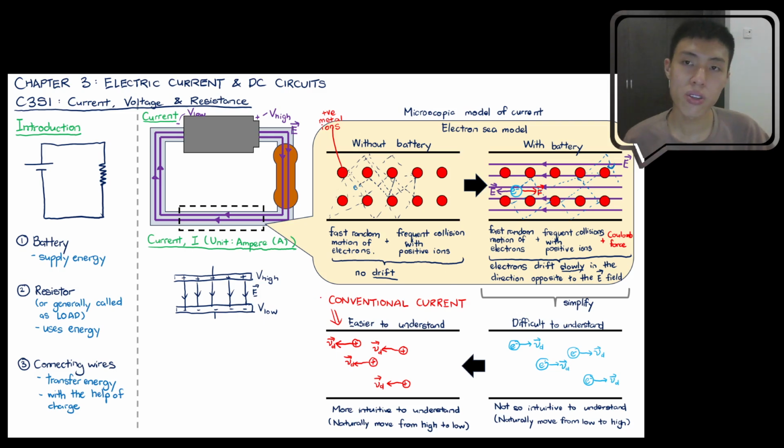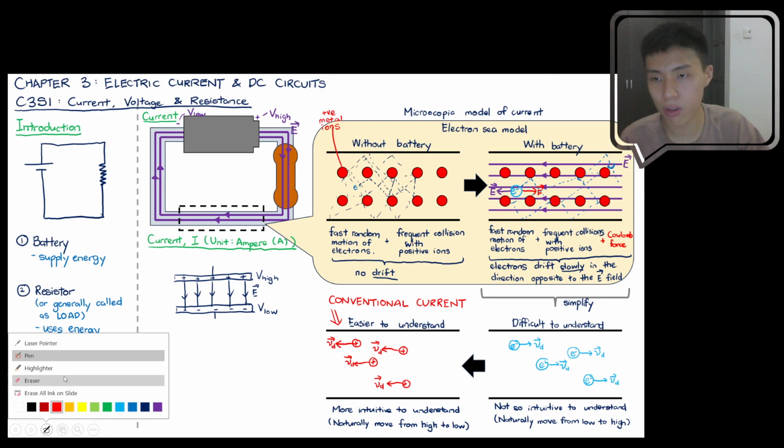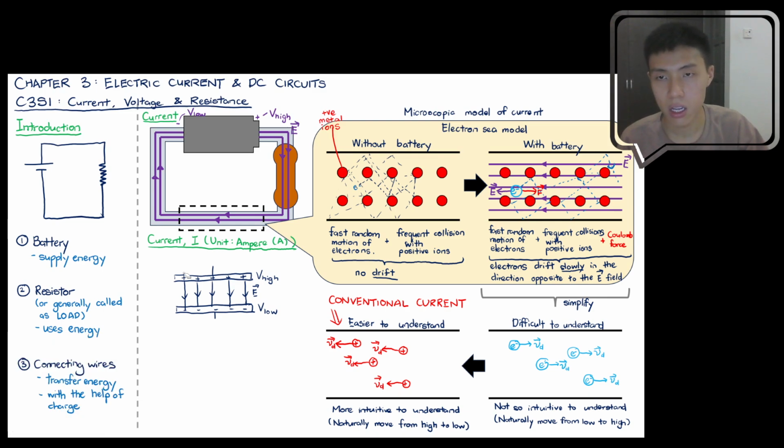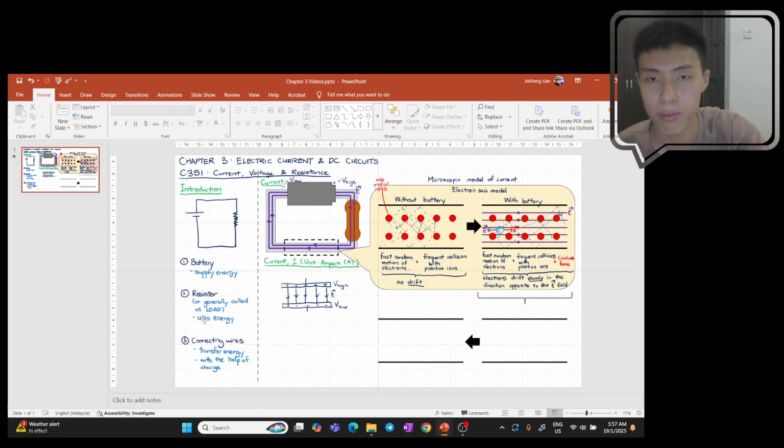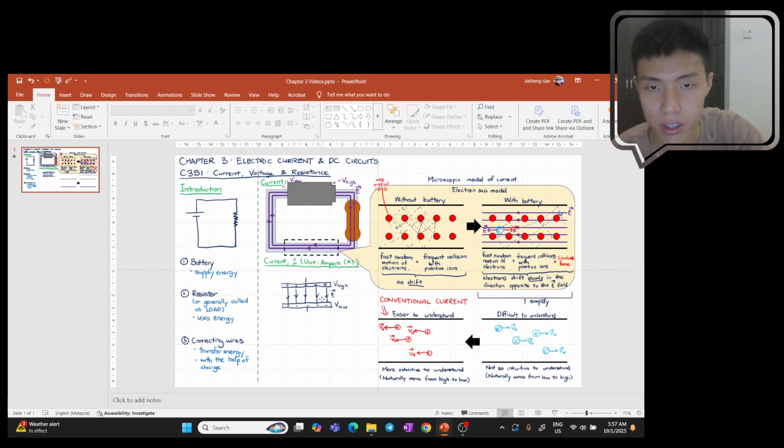So that concludes what I want to discuss regarding the microscopic model of current. Hope you have a clear understanding of it. Now I'm going to move on to the mathematics of the current. Let me clear up this spot over here.